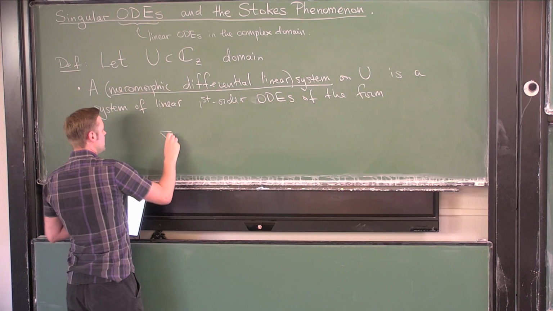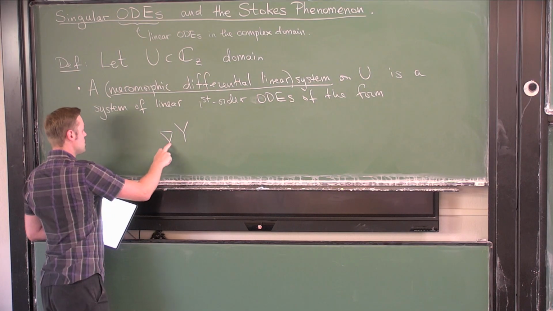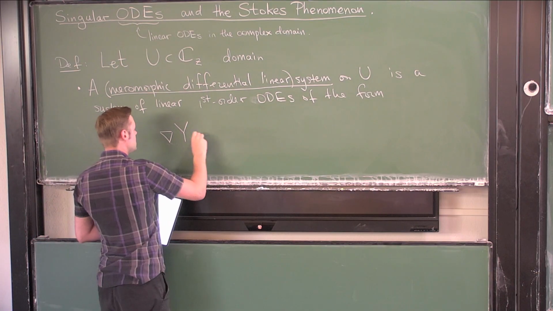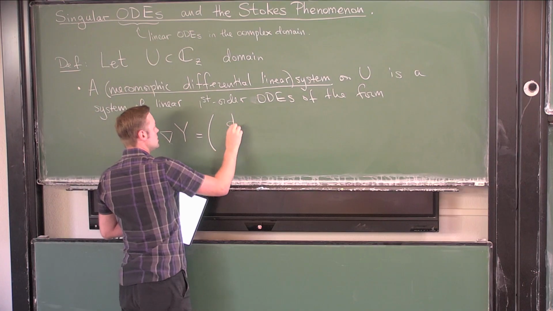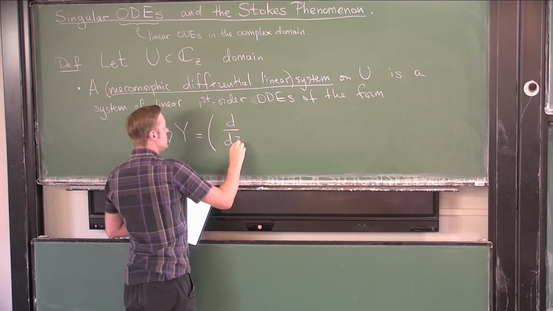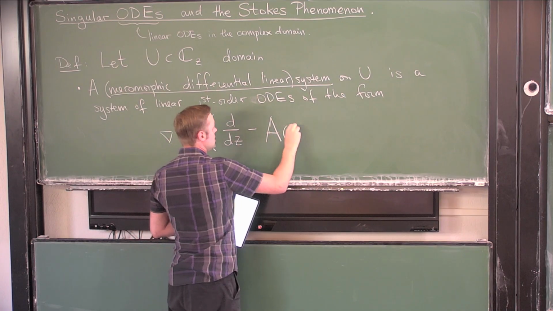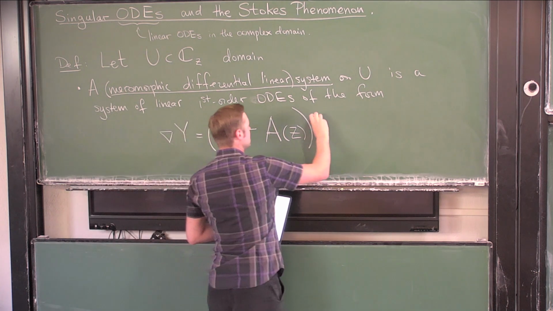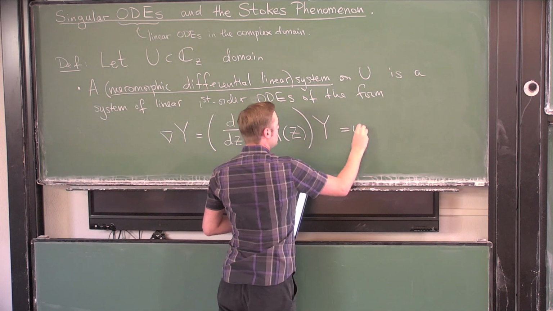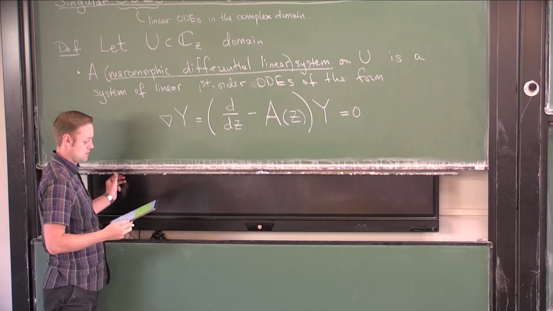I'll use this symbol nabla, which is going to be my differential operator applying to y. The formula for this differential operator is: there's the first derivative term, and then there's the matrix of coefficients, which I'll call A of z, multiplying y. And I'm looking for solutions to this first order differential system.